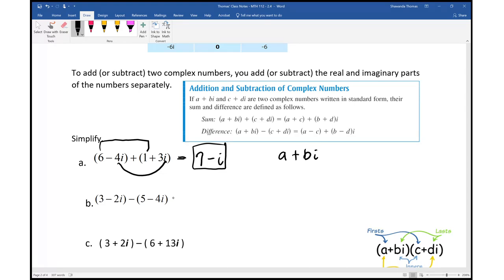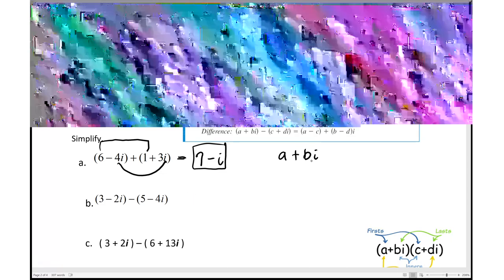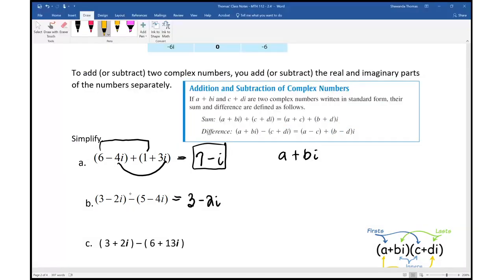Now with subtraction, you have to be very careful. Always rewrite it out because you need to distribute the negative through the second part of the expression, right? So you have negative 5 plus 4i now. So now we have 3 minus 5 is negative 2, and negative 2i plus 4i is positive 2i.